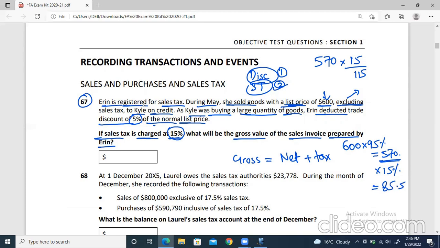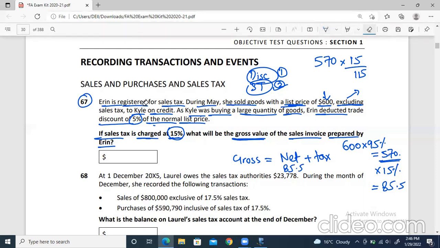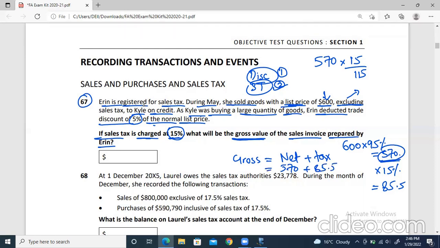Okay. Now what it has asked in the question, what will be the gross value, right? How much is the net amount? We have calculated over here, 570, right? And how much is the tax over here? 85.5, right? So if we add these both, we'll get the gross value.